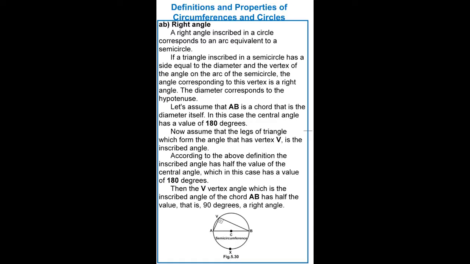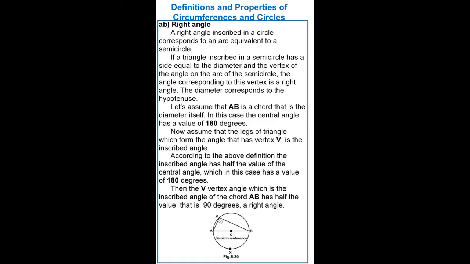This slide shows an inscribed angle with a 90-degree value, that is a right angle. According to the anterior demonstration, the center angle corresponding to this inscribed angle has a value of 180 degrees. That is, both radii form a diameter corresponding to the hypotenuse of the triangle formed by the three vertices A, B, and V. Therefore, the segment AB is the diameter.